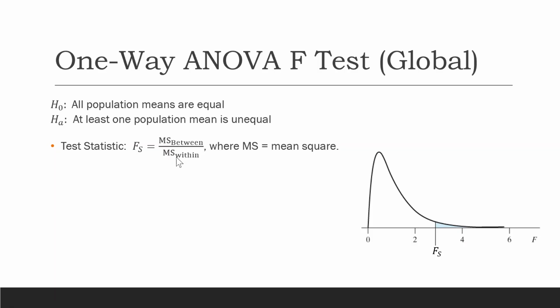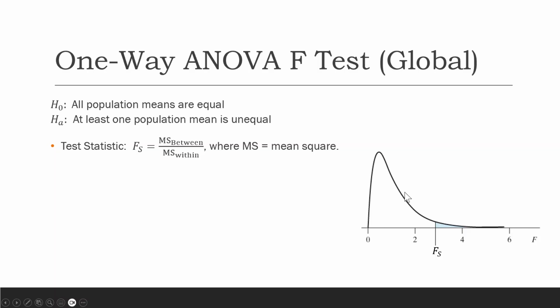This is an example of an F distribution. Notice it is not symmetric. It is not bell-shaped. It is actually a unimodal, asymmetric, positively skewed distribution. All right. But it works kind of the same, a similar way when it comes to finding our p-value.